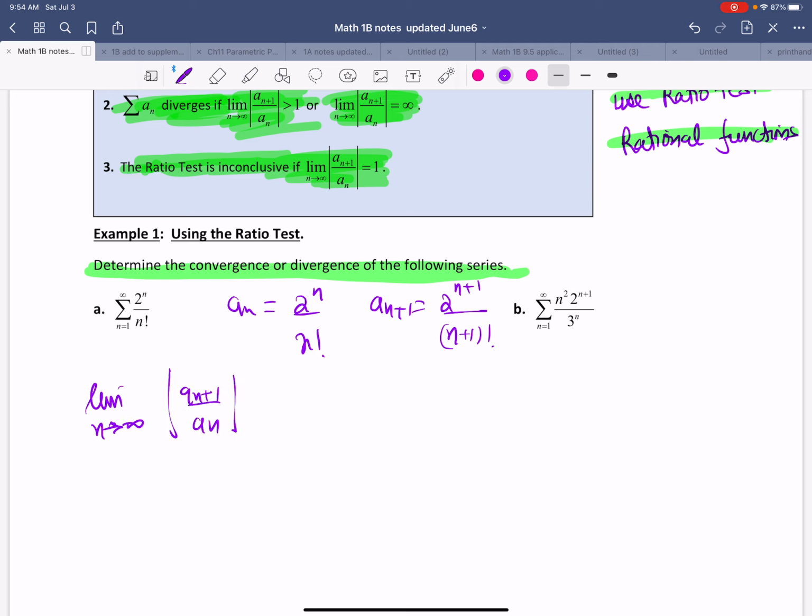So we're trying to figure this limit out. An plus 1 is 2 to the n plus 1 over n plus 1 factorial, divided by 2 to the power n over n factorial.